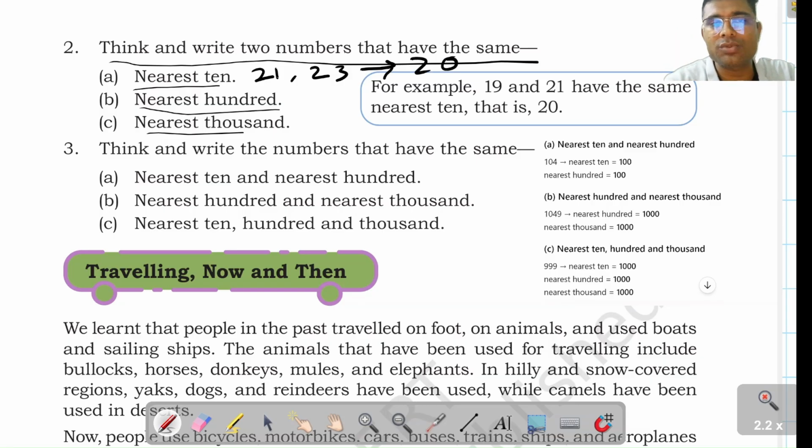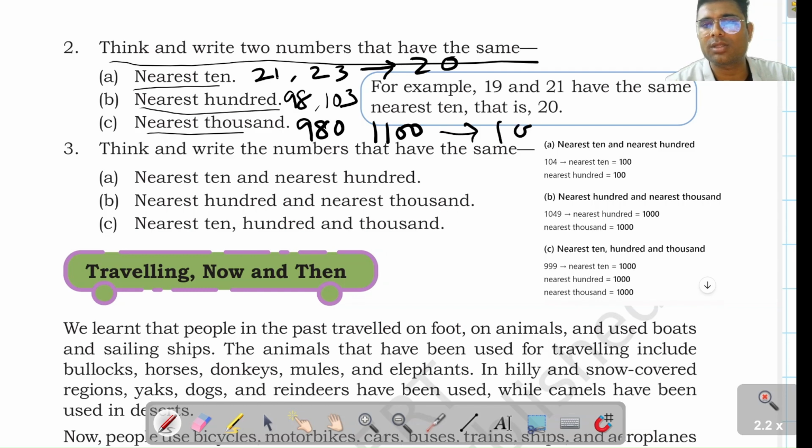Nearest 100, you have to choose two numbers whose nearest 100 is same. So I'm writing here 98 and the other number is 103. Their nearest 100 is also same. Nearest 1000, बच्चों, so you are choosing 980 and 1100, and so their nearest 1000 is 1000.